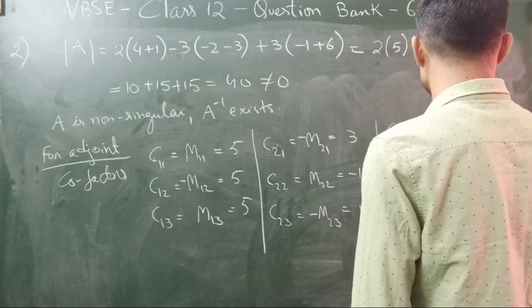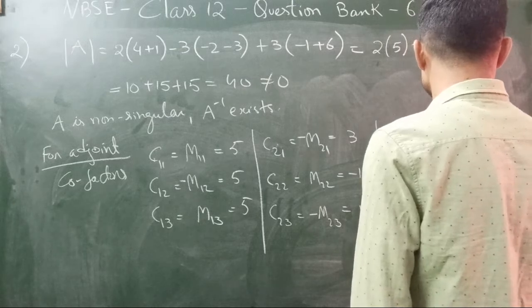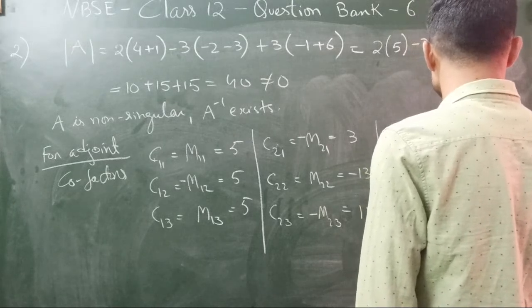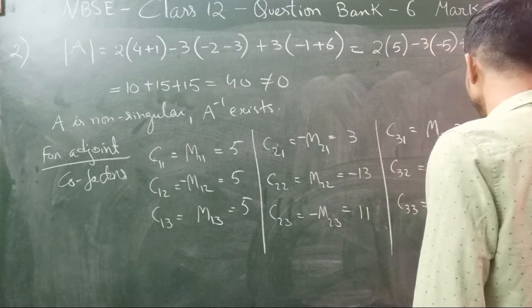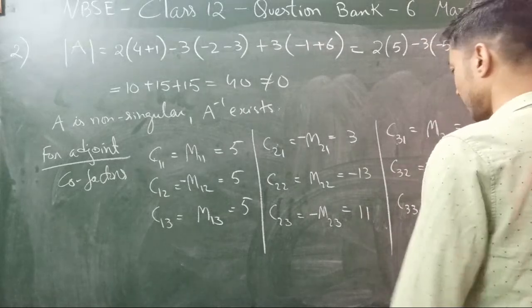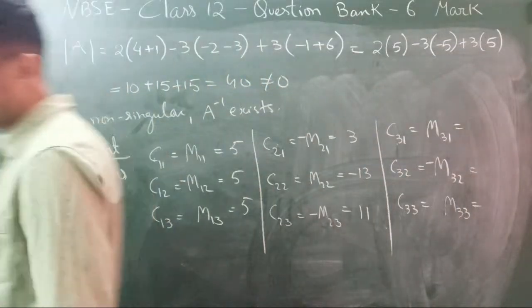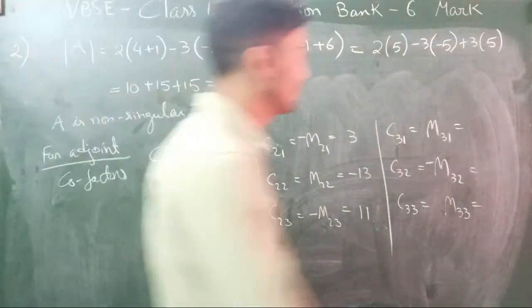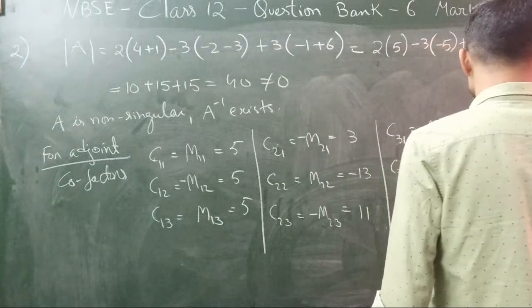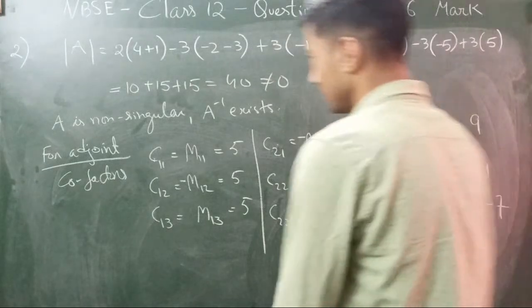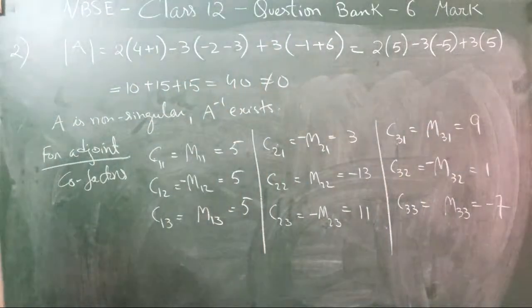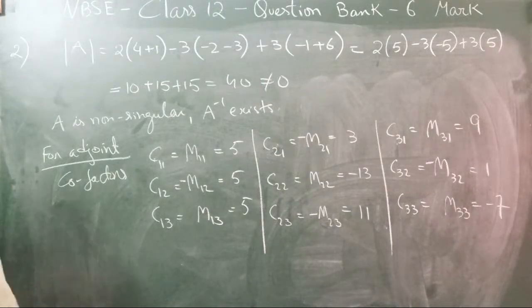That's M31, minus of M32, M33. Here odd minus, even plus. And that one you will have 9, 1, minus 7. Just to save some time, I have calculated in advance. I hope that's fine.